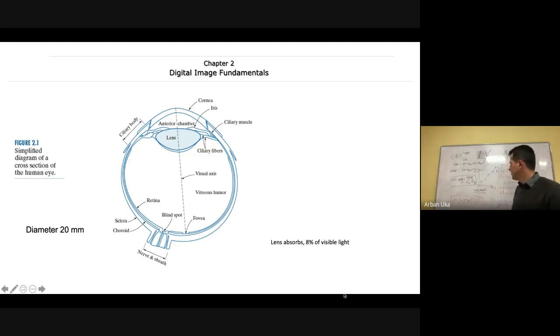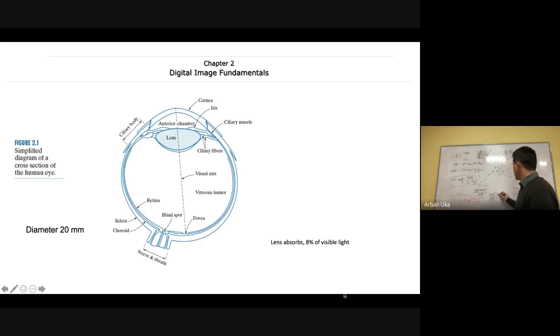And now we may want to determine what the area of each rod is. The number of rods is 10 to the power 8. So if you divide this by 10 to the power 8, we remove these two and get 10 to the power 6, and then we have to multiply by 1 millimeter squared, divided by 10 to the power 6.